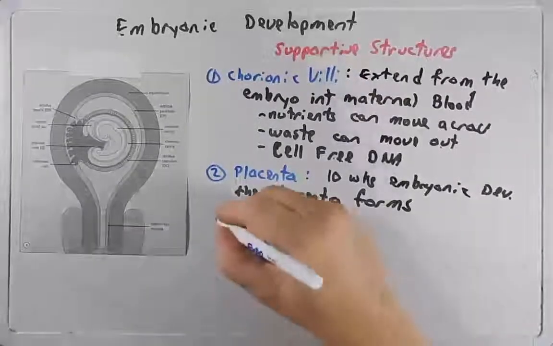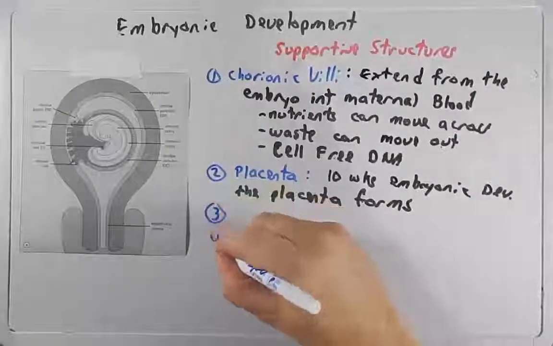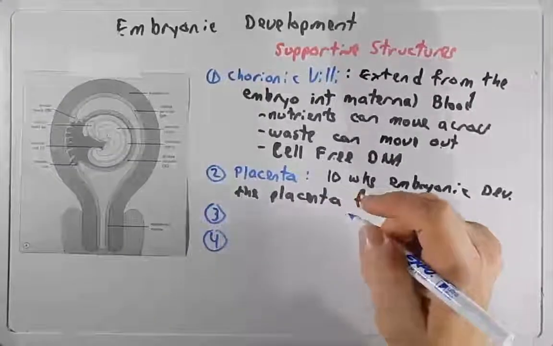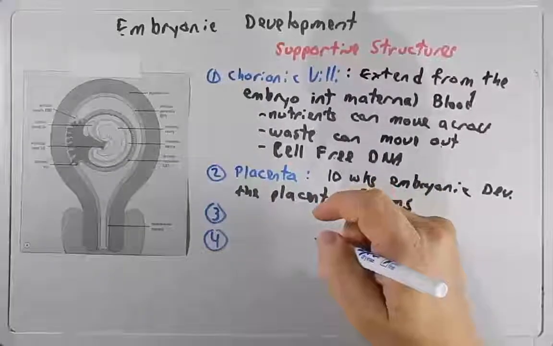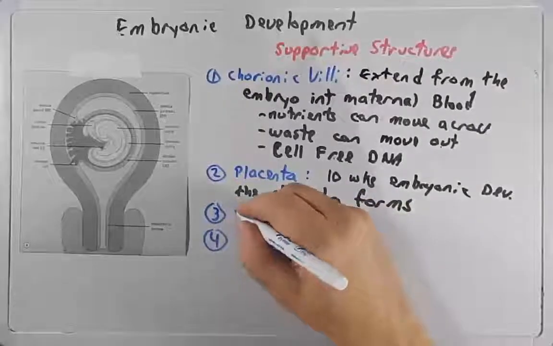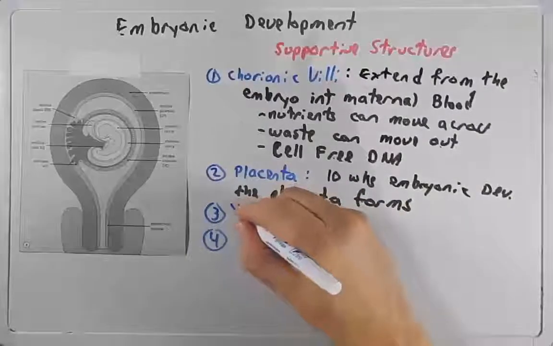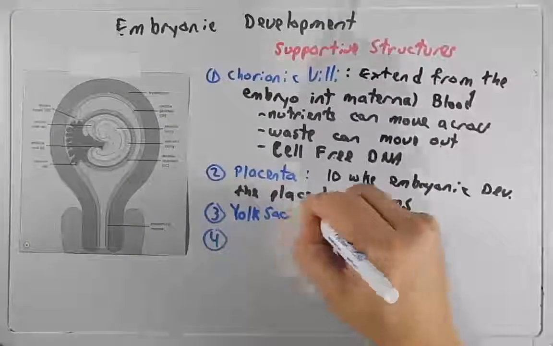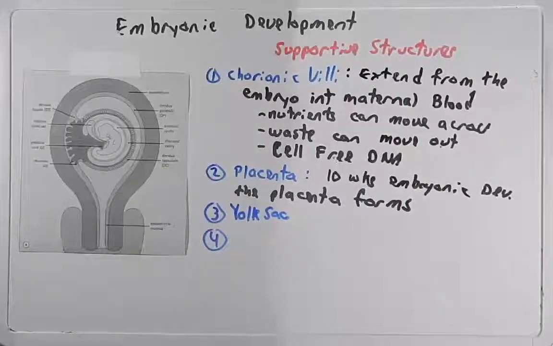The next 2 structures I want to talk about are structures that in non-humans have a little bit more of an importance. They still play a role in human development. The first is something we call the yolk sac. It is what you may think it is. For instance, in chicken eggs, it is the yolk that we eat. And it provides nutrient for the growing chicken.